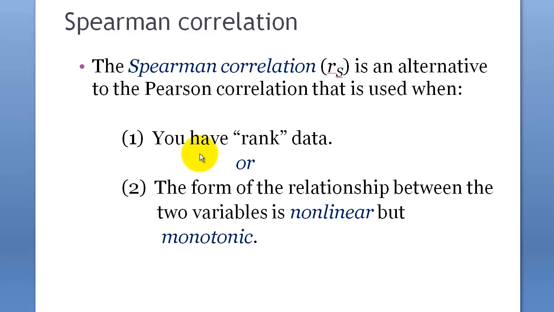You have first, second, third place, just ranking. It loses all kinds of unit-based measurement. So when you have rank data, you use that, or when the form of the relationship between the two variables is non-linear but monotonic.